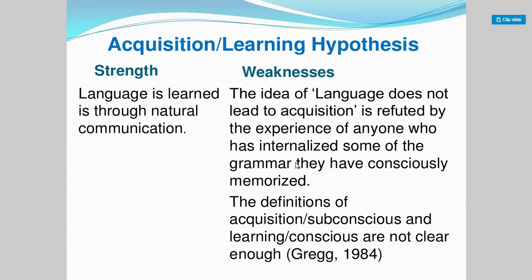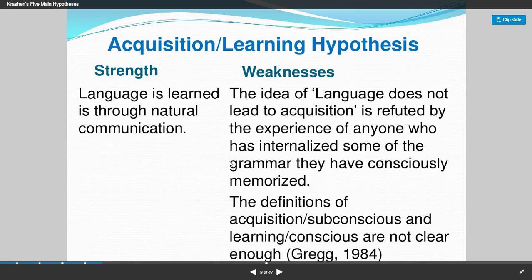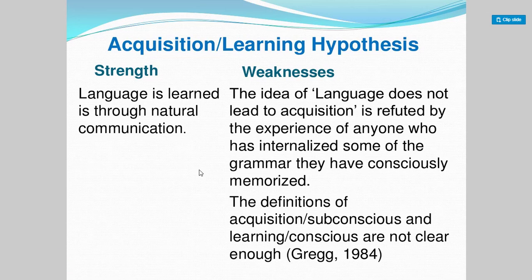But the weakness right here is that all the ideas related to the rules are going to be memorized, right? So the more you use the language, the better learning process you're going to have.